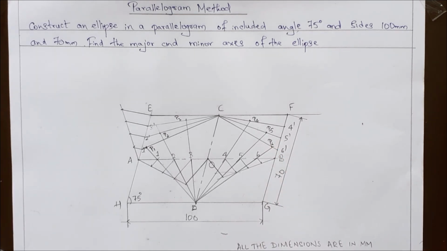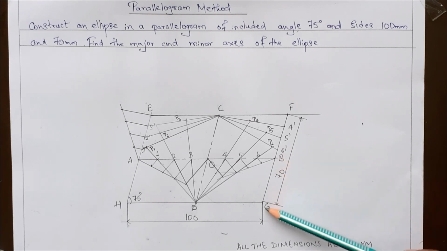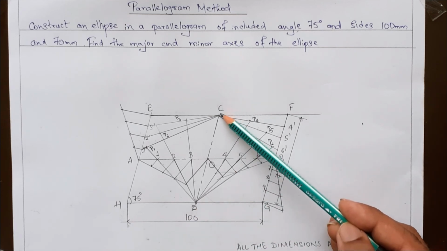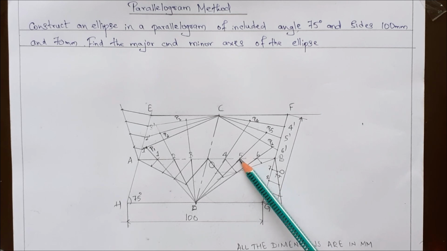Now to obtain the points on this quadrant, we have to repeat the step we have done in the first quadrant, that is, let's divide this line into 4 equal parts. And now we will join these points 7, 8, 9 with D, and then join C and 7 line passing through the point 6, and then C and 8 line passing through the point 5, and C and 9 line passing through the point 4.